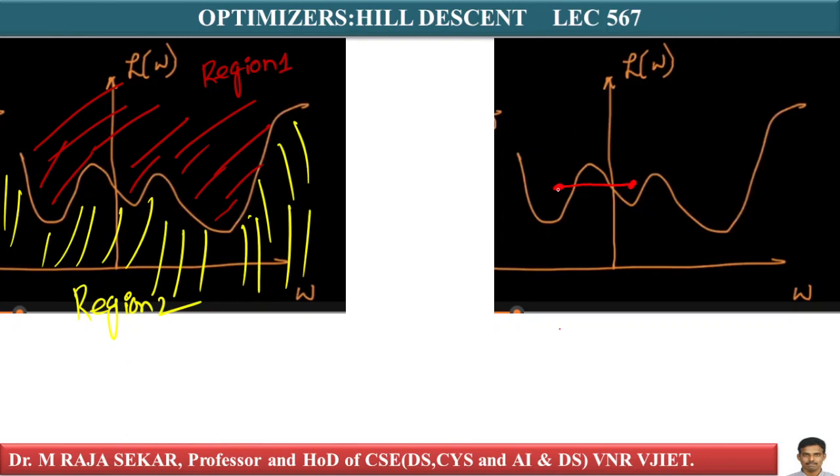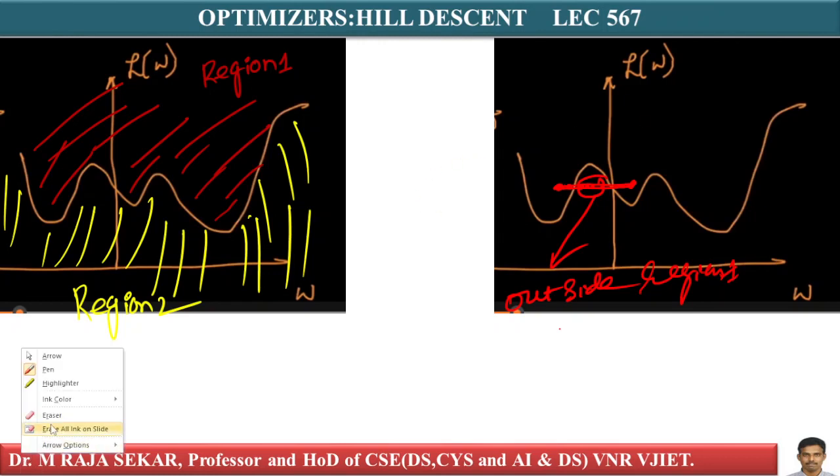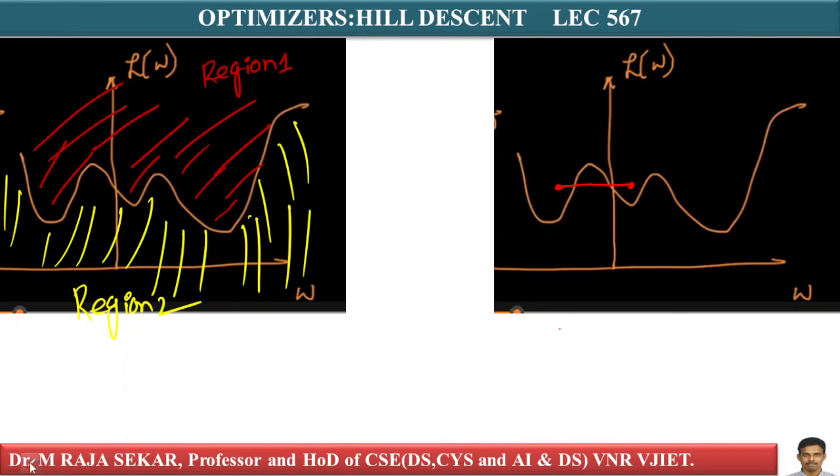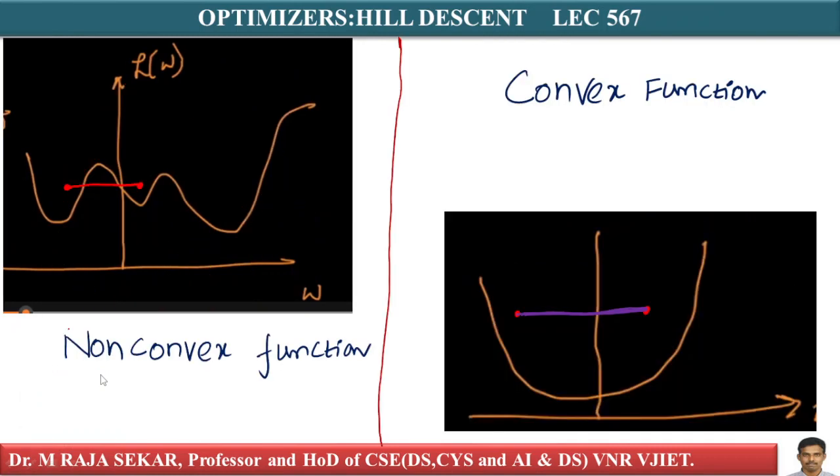They are in region 1. If I join these 2 points, this portion of the line is outside region 1. Isn't it? Therefore, as it is outside region 1, this particular function is a non-convex function.